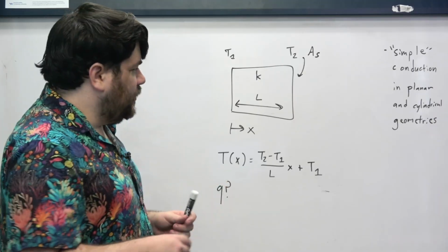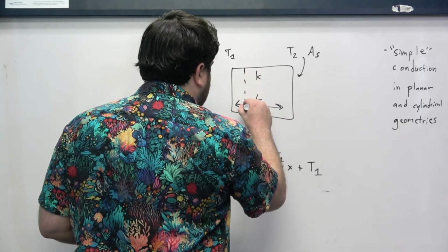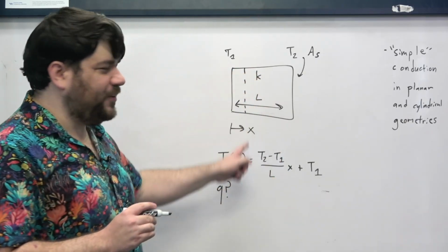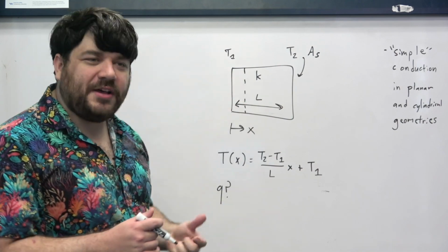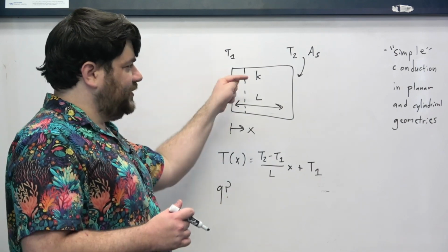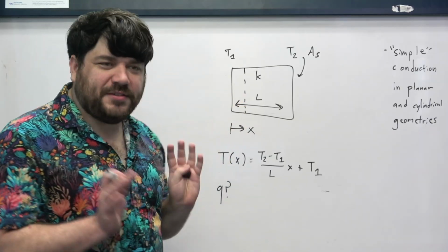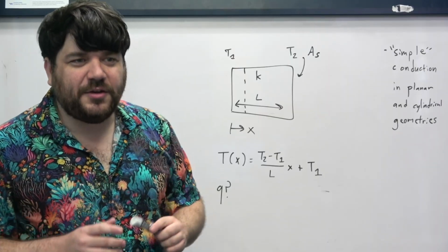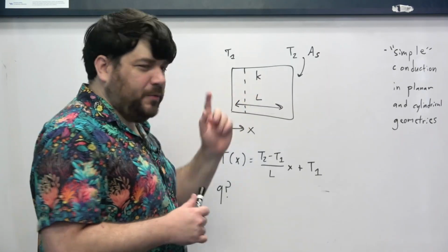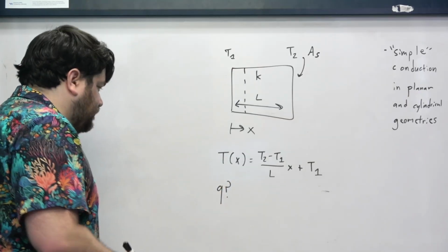So what I mean by that is that if I take a little slice of this wall, so I cut the wall and I have this little cross section of the wall, the heat fluxes this way or that way at every point on that little cross section are going to be the same, all right? And it's actually going to wind up being true that the heat fluxes everywhere are going to be the same, but we don't know that yet. Let's show that that's going to be the case.